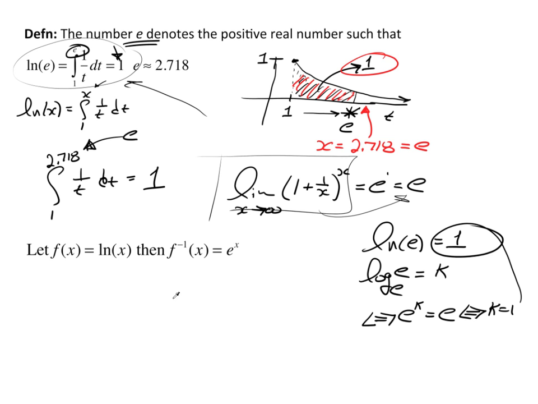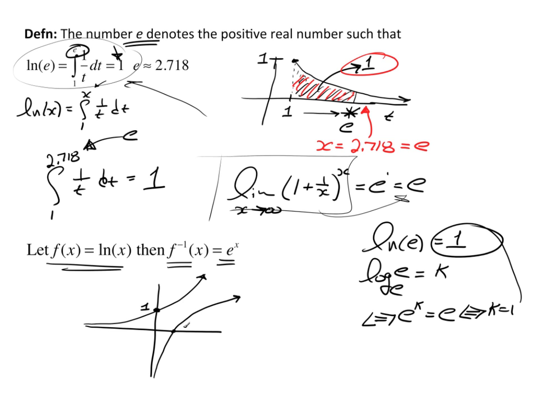Now, if I let f of x equal ln x, then f inverse of x, the inverse of ln x, is e to the x. So the natural log and e to the x are inverses of each other, which you can see if you graph them. If you graph e to the x, it looks like this, where this is at 1. And if you graph ln x, it looks like this, where this is at 1.